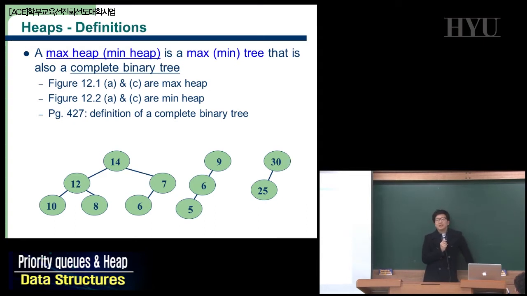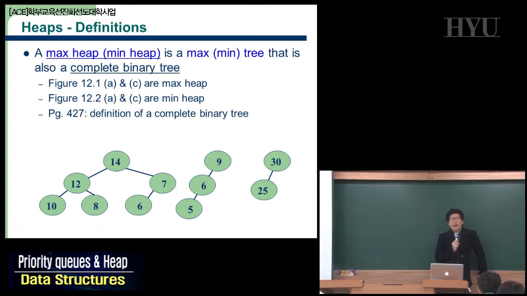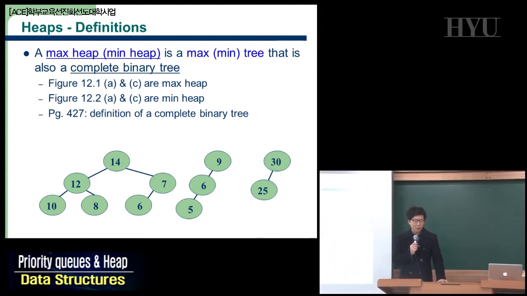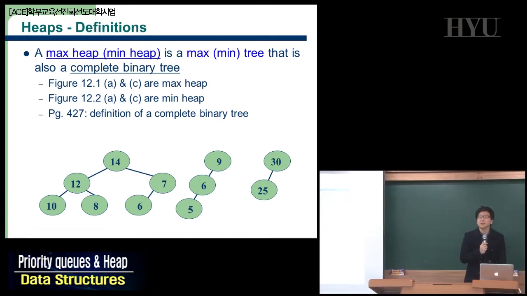Now you divide it into max binary tree and min binary tree. And if you put in the term complete, a max or min tree that is also a complete binary tree has a different name, something called Heap, right?